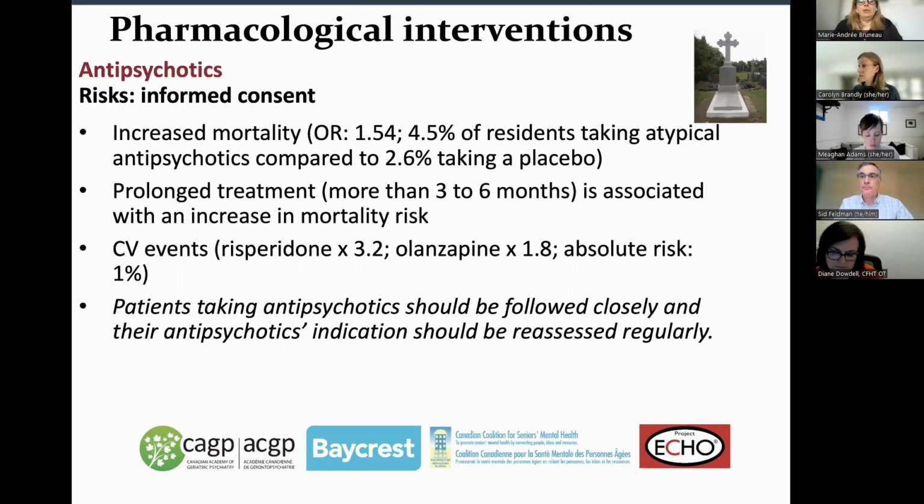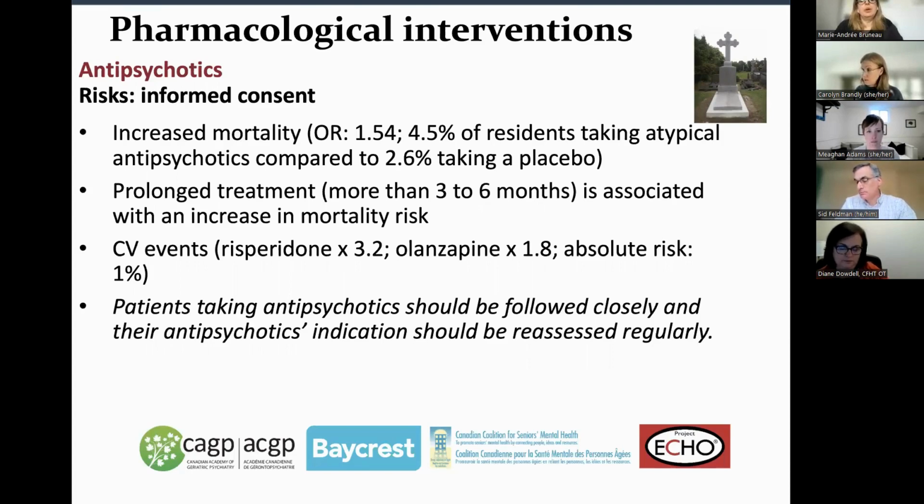They have been for many years now the subject of a black box FDA warning, and also a Health Canada warning, saying that they increase mortality in patients with dementia, with an odds ratio of about 1.54.